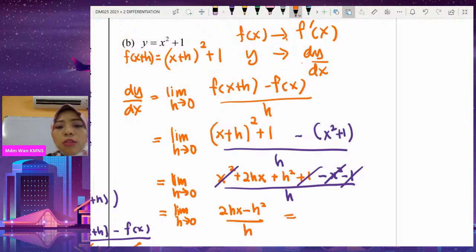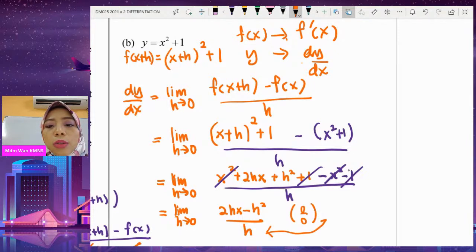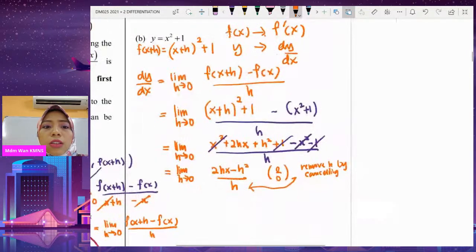If you substitute now, it will become 0 over 0, until you cancel this out. You have to remove h by cancelling top and bottom.